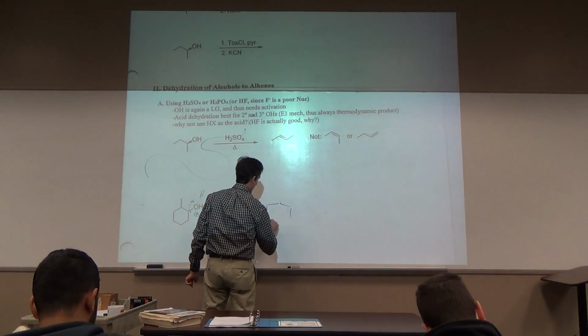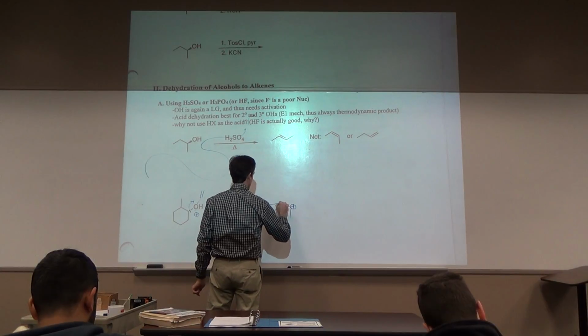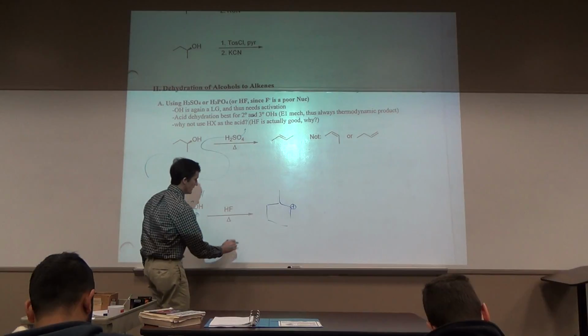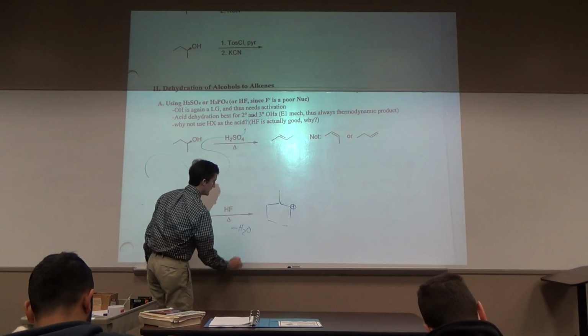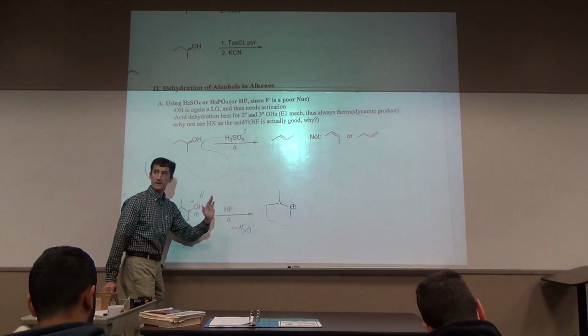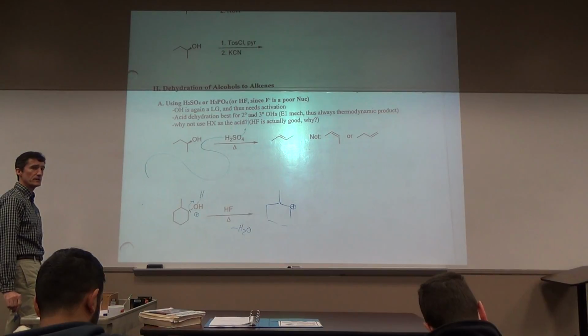We could get positive charge here, plus water. So we lose water. Is F minus going to attack there? No, F minus never does anything. You're not going to get a substitution product. Instead, we're going to get what type of product?